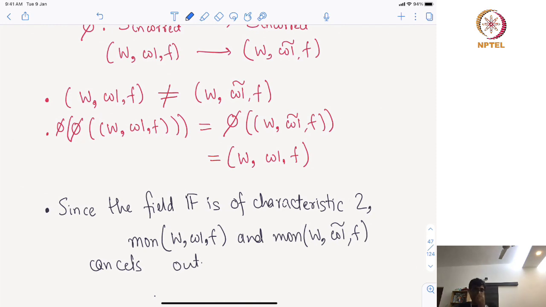Since the field F is of characteristic 2, monomial (W, col, f) and monomial (W, col tilde, f) will cancel out because they have the same monomial.